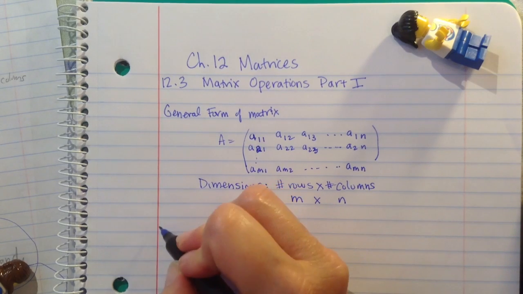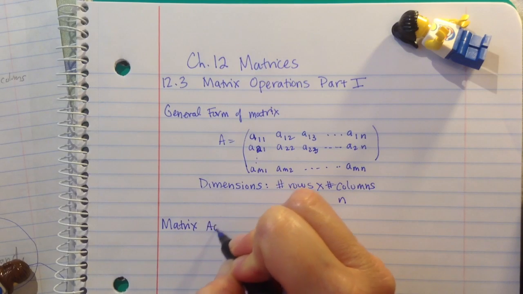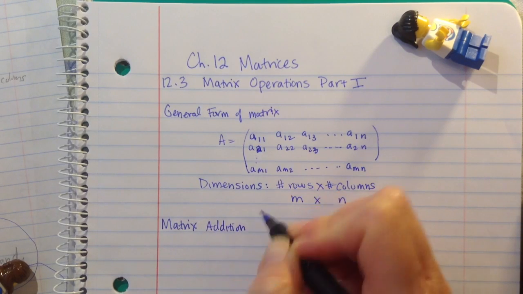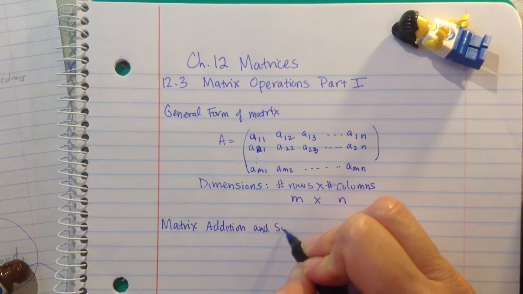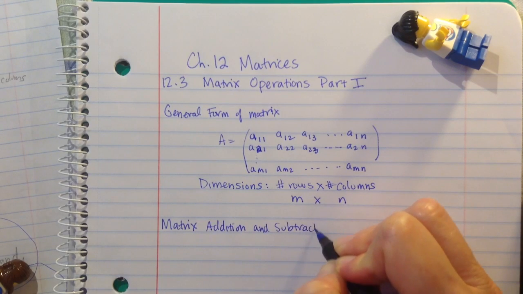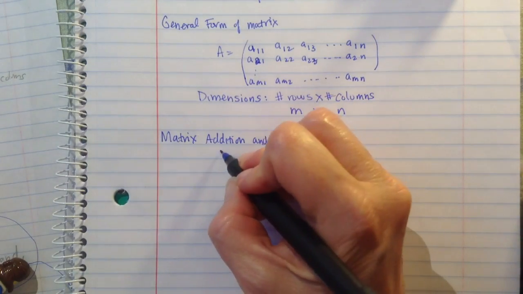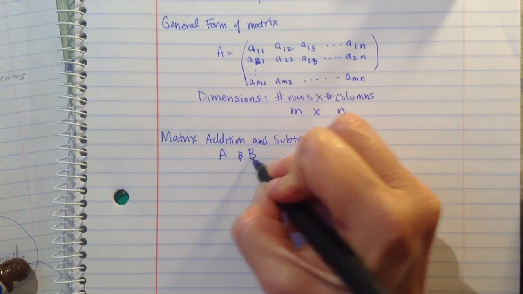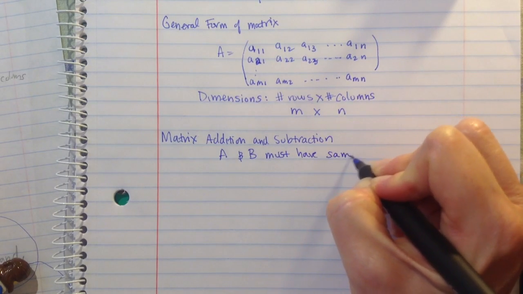All right, let's talk about matrix addition and subtraction. The important thing about matrix addition and subtraction is that you can only add or subtract two matrices that have the same dimensions. So A and B must have the same dimensions.